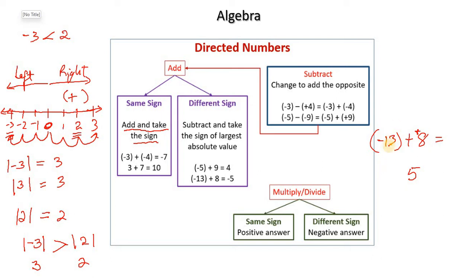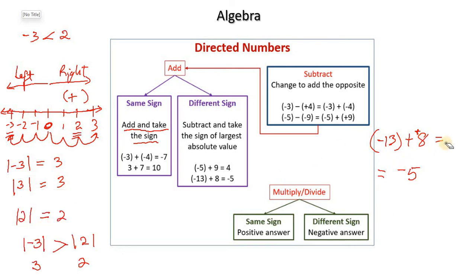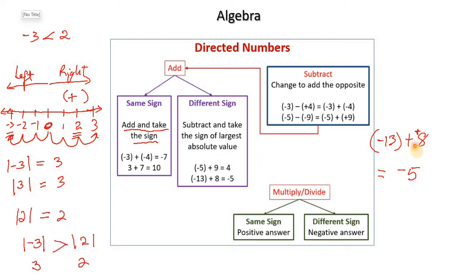So we keep the sign of the one that has a larger absolute value. That would be negative. That's a better way to express it than saying keep the sign of the larger number, because the positive numbers are always bigger than the negative numbers. Is that clear? So we keep the sign of the one with the larger absolute value, the one that is further away from the 0, the origin.